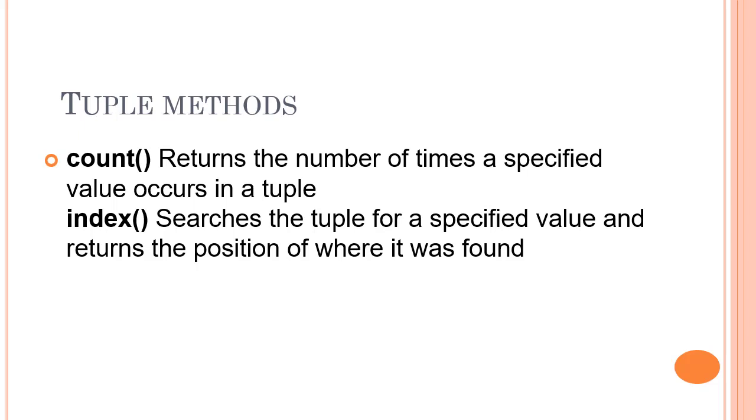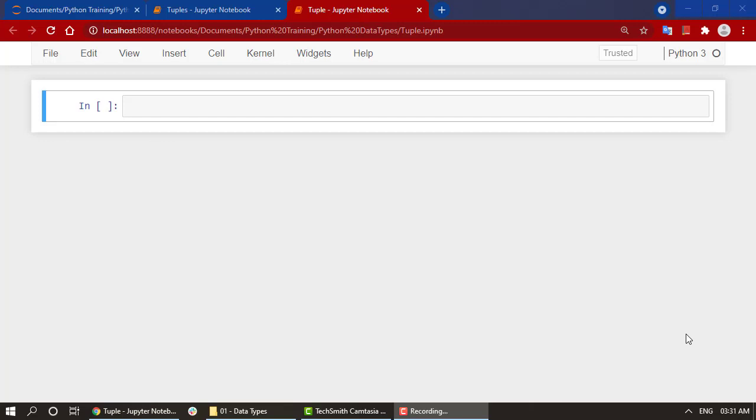Now that we know most of the terminology needed for the theoretical aspect of tuples, let's jump into the practical part. Let's start by creating our first tuple. I'm going to name it my_tuple. My_tuple equals, as we know, for creating a tuple we need parentheses, and inside of that I'm going to write some random numbers, 2 1 2 3 4 5.